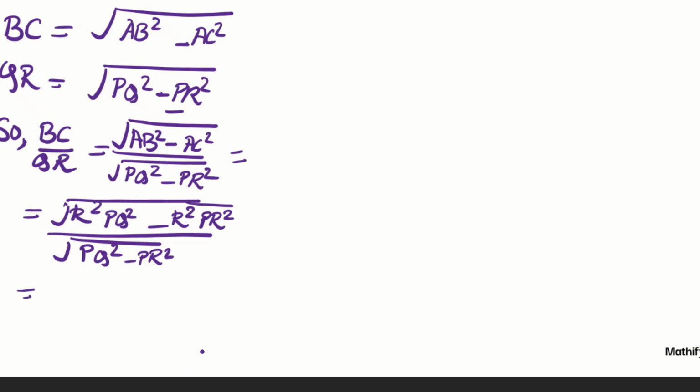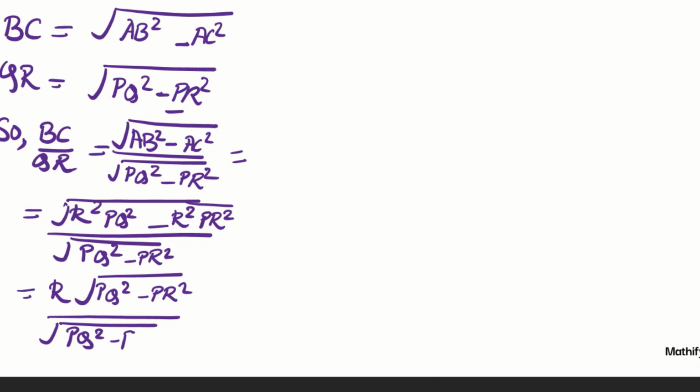This K square will come out and it will become K, and it will give you PQ square minus PR square. In the denominator you have this PQ square minus PR square. So these will cancel out and what you get? You get just K.